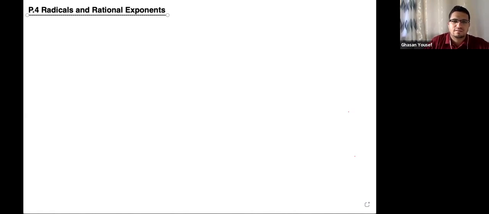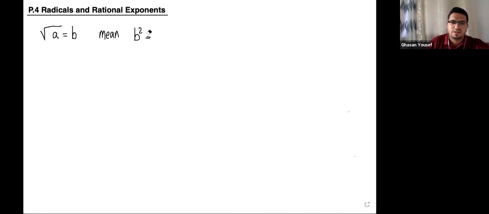So here, the section starts by talking about, for example, the square root of a equals b. This means that if I multiply b by itself, b squared, it should give me a inside the radical.